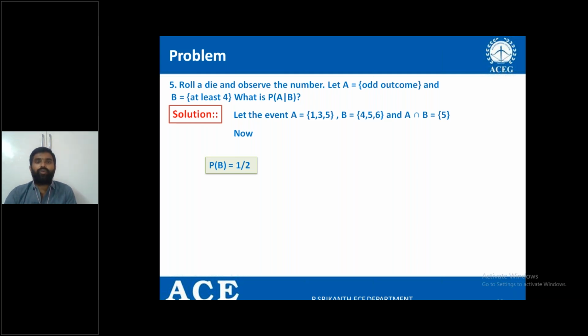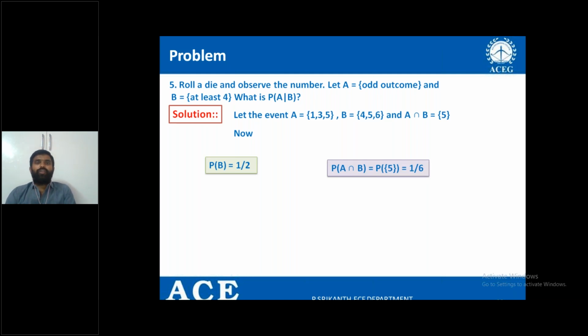Out of the 6 possible outcomes, we expect any outcome from 4, 5, 6. So what is the chance of occurrence? Ultimately 50%. The number of elements in event B is 3, and the total number of possible outcomes in the sample space is 6. So 3 by 6. Therefore P of B equals 1 by 2.